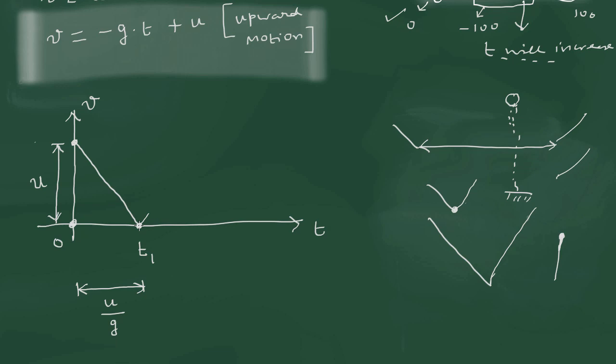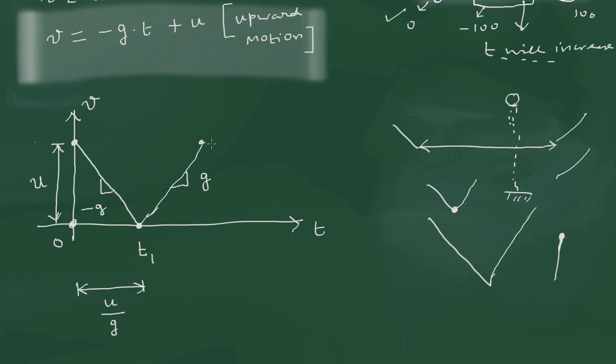So at this same time only, you have to draw this particular straight line in such a way that the slope equals g, and that slope will be equal to negative g, because you already know that this is a negative slope and that is a positive slope, and it will reach with the same velocity.